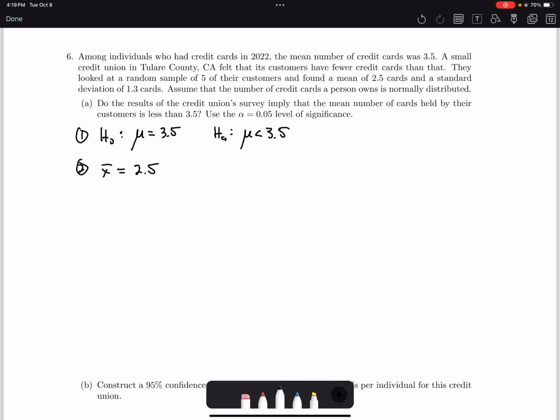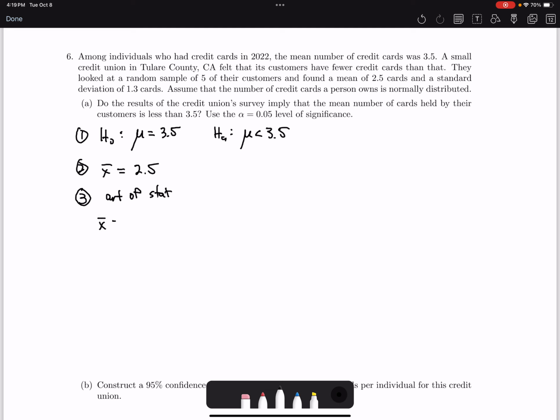Okay, that does seem like a pretty large difference to me. That's a difference of 1 credit card per customer on average. That seems pretty large, but there's only one way to know if it's statistically significant, and that's to run the hypothesis test. So we're going to go to Art of Stat.